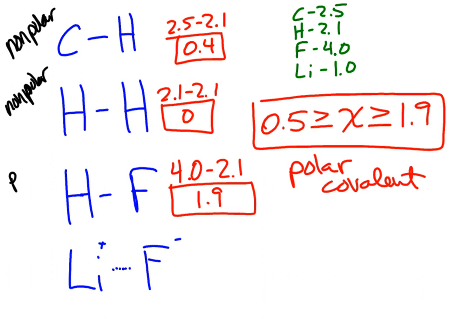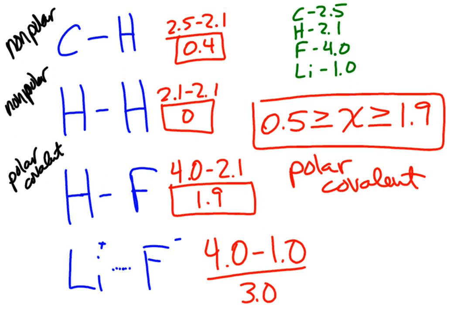So this is a polar covalent bond. Now, let's take a look at this lithium fluoride. This is an actual ionic bond here. So I'm going to take 4.0 minus 1.0, and my answer here is 3.0. If I have anything that is 2.0 or higher, that's ionic.